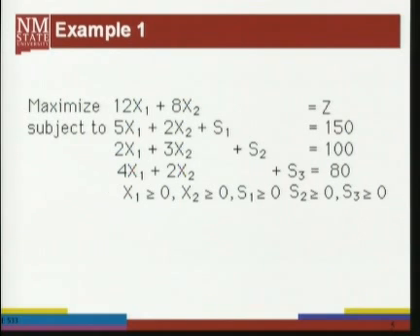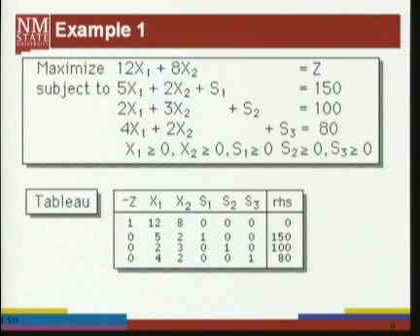And I said the initial tableau for the simplex algorithm would be constructed based on this standard LP. And right after moving Z into the left-hand side, the initial tableau for the simplex method can be constructed like this. So what do we have as basic variables?